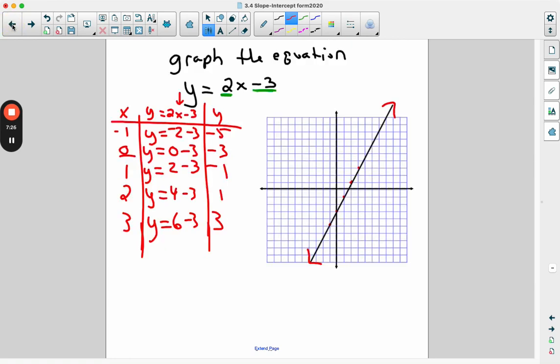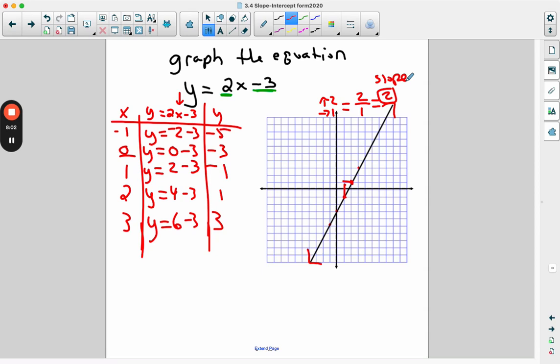Notice this first equation that I had you graph. If I asked you to look at the graph and tell me what is the slope of this line, you would need to find 2 points on the line and then count up 2, and it goes to the right 1. So our rise over run would be a positive 2 over a positive 1, or a slope of 2.